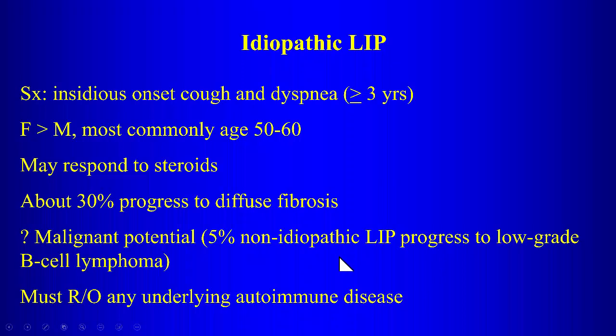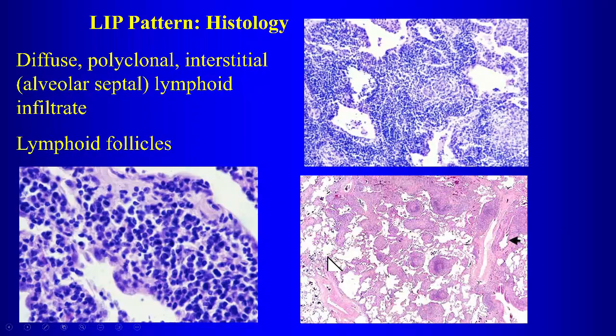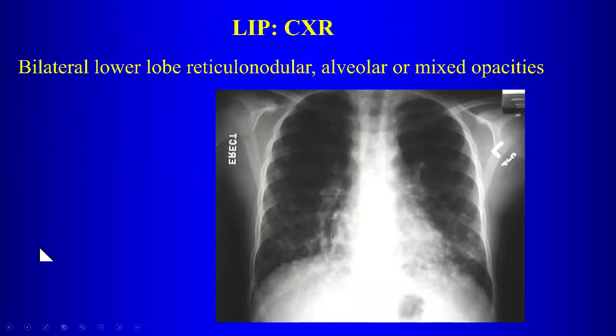If we find LIP, the important thing is to rule out any underlying autoimmune disease, because in most cases, LIP is secondary to an underlying autoimmune disease. So what we have is diffuse polyclonal proliferation of lymphocytes within the interstitium and lymphoid follicles, as demonstrated here on the histology. It gives the most variable appearance of the idiopathic interstitial pneumonias on imaging.